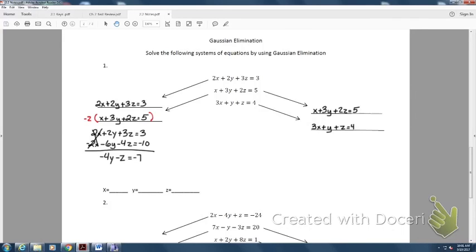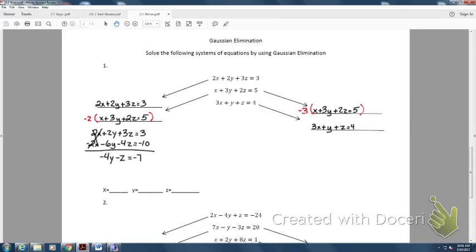Okay, so to do that, Tan, what would I need to do to cancel out these x's? Times the first one by 3. Okay, if I do it by 3, I'm going to have 3x and 3x. So what is negative 3? So since I'm multiplying the first equation, I'm just going to multiply and write it right underneath that second one.